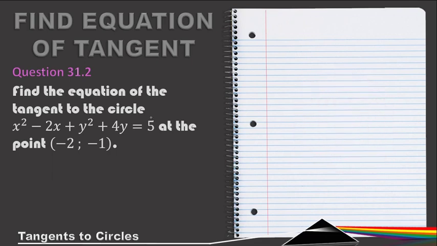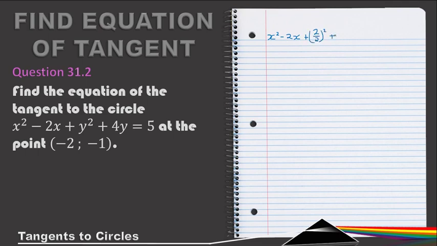So for question 31.2, we have to find the equation of the tangent to this circle at this point, minus 2 and minus 1. Now in this case, this equation is not in its standard form, so that's what we'll do as the very first thing. It's already in a form where we can immediately start by completing the square. So I'm going to add 2 over 2 and then square that.